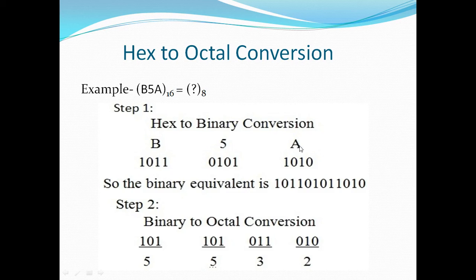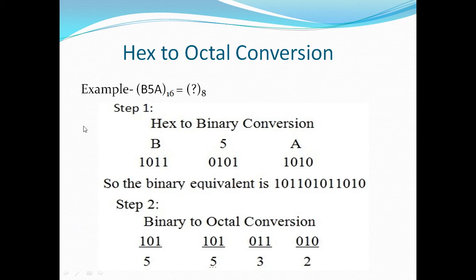We'll write each digit's binary equivalent. So A, which is 10, can be represented as 1010, 5 as 0101, B, which is 11, can be represented as 1011. So you must learn all the hexadecimal and binary equivalents of 0 to 15.